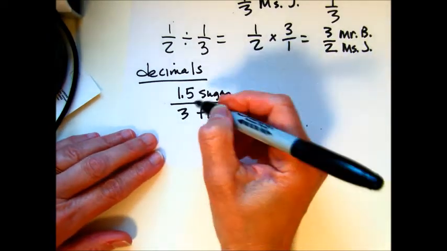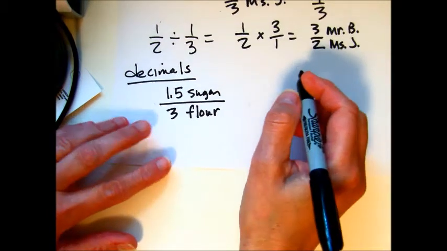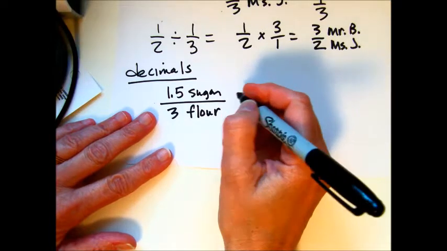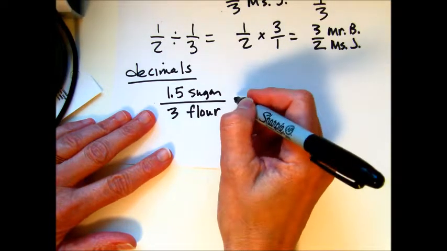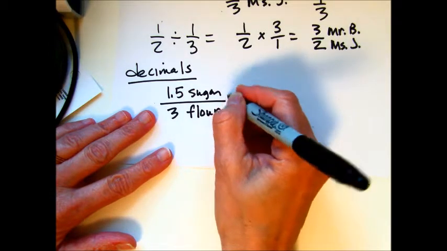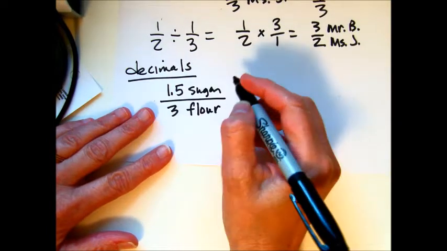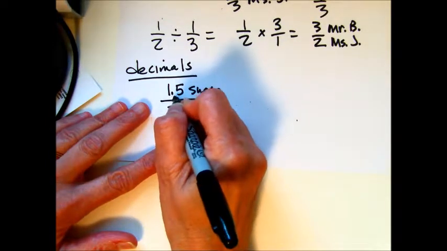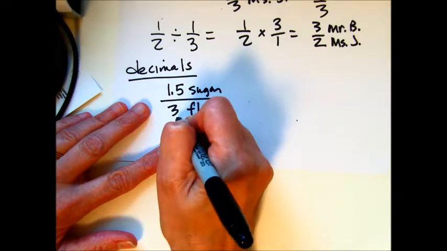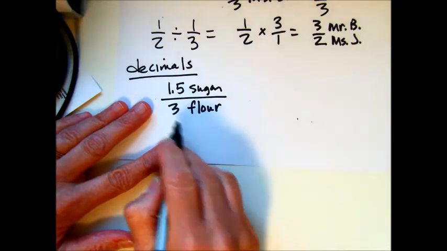Notice that we have a decimal here in our first term, and generally speaking, we don't want to work with decimals and fractions. So we want to eliminate it, and what we're going to do is multiply both terms by the same value to get rid of that decimal. Now, if I move that decimal over one place, I'll get rid of that decimal. But if I don't do the same thing down here, I'm going to change the value of this ratio.